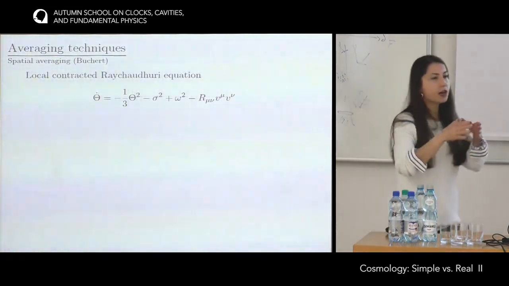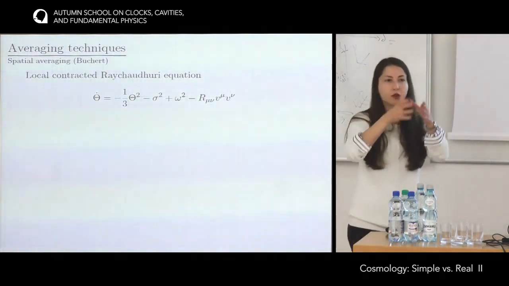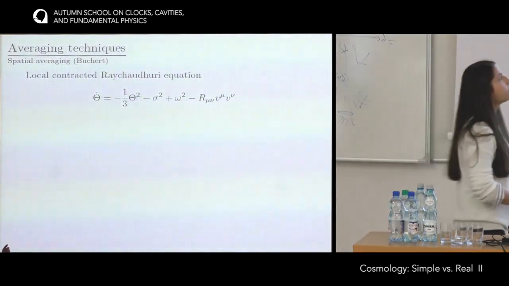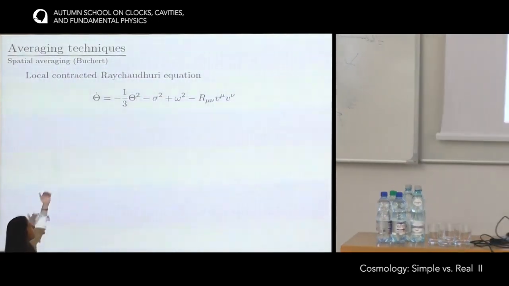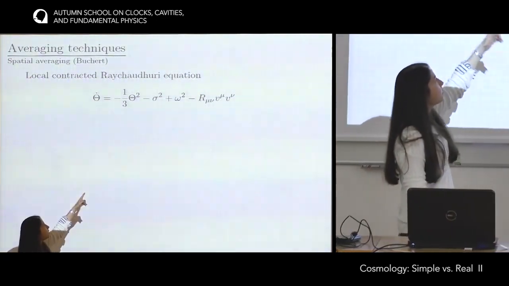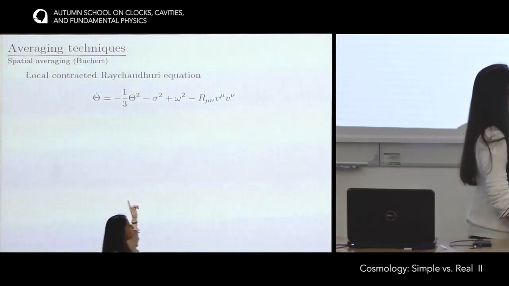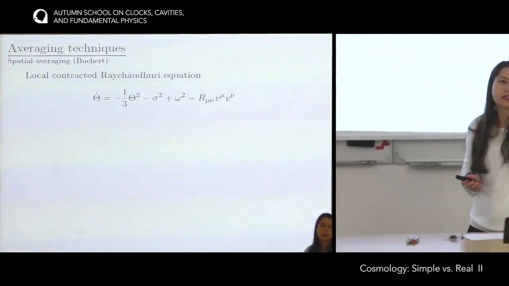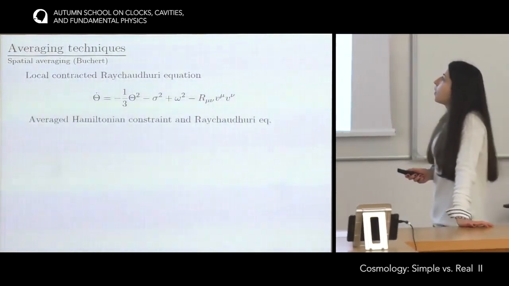If you want to see how the expansion of this congruence changes, you get the contracted Raychaudhuri equation. Theta is the expansion scalar, as I said. Sigma is the shear. Omega is the vorticity, and you have the term coming from the curvature.